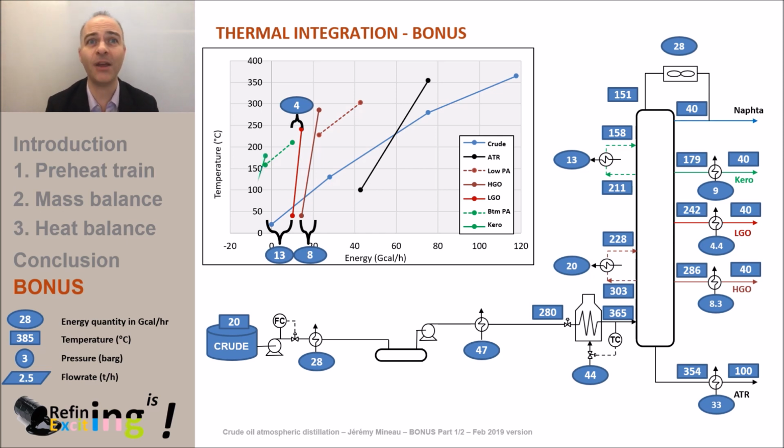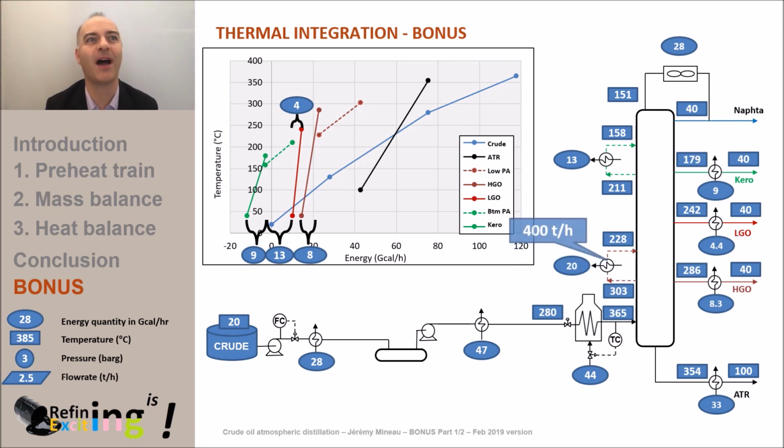And finally, the kerosene cut for an energy quantity of 9 gigacalories per hour from a temperature of 179 degrees C to 40 degrees C.